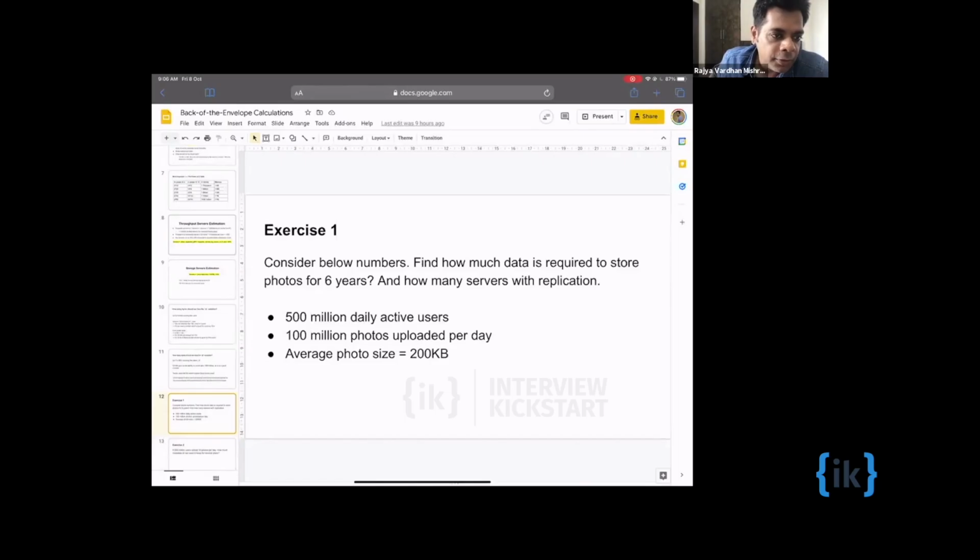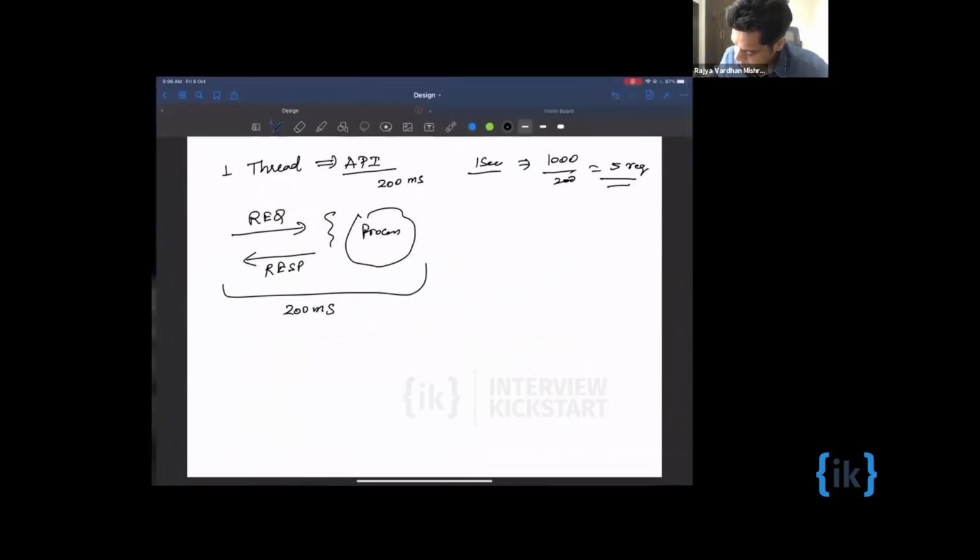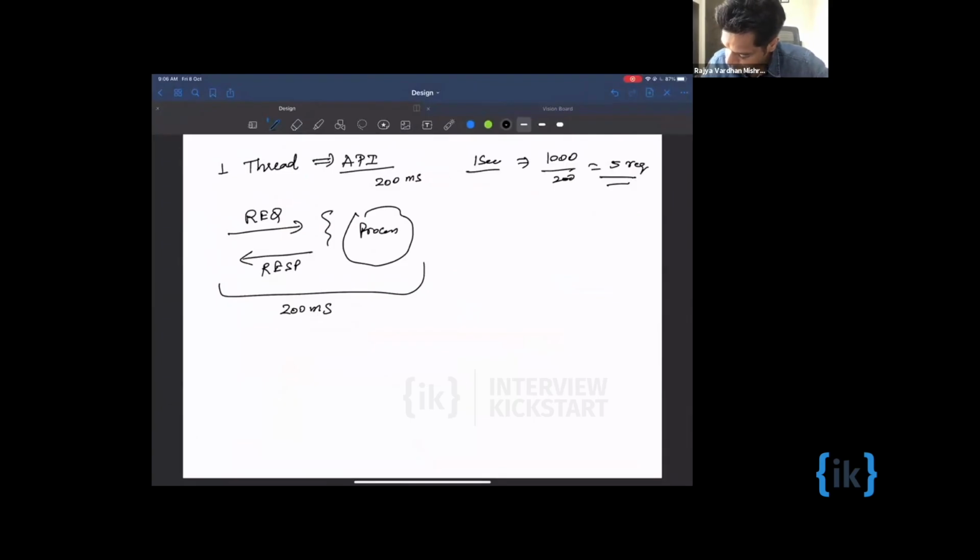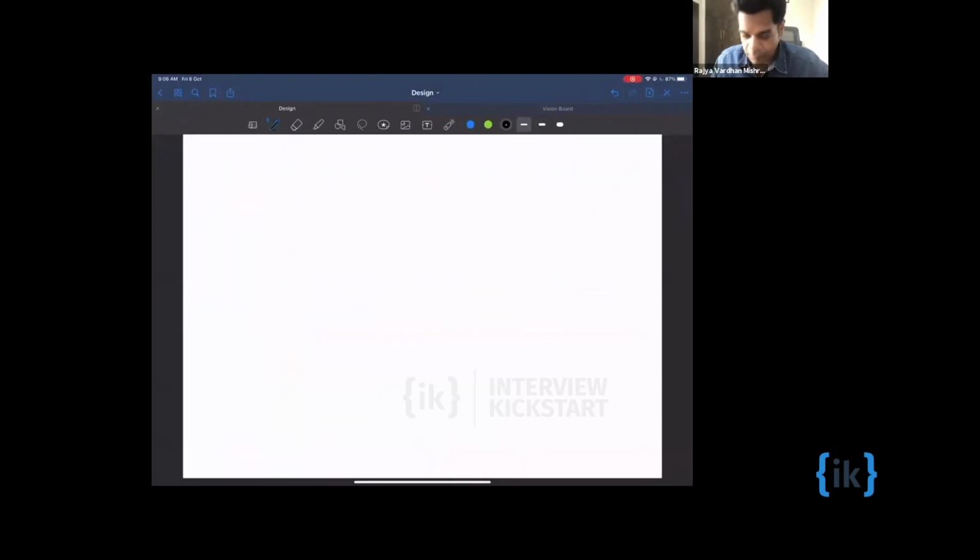Okay, so we have to identify that. I'll put the numbers here again. So we have 500 million daily active users.